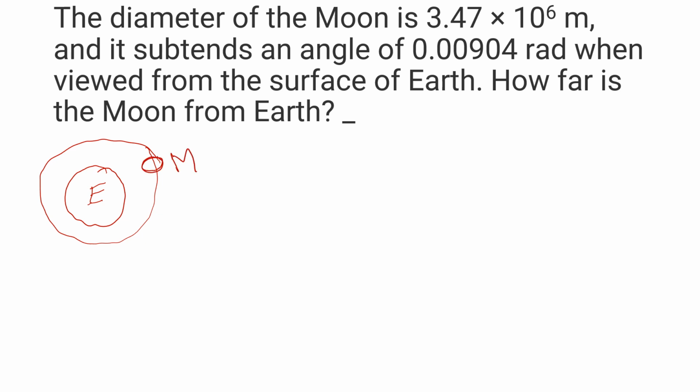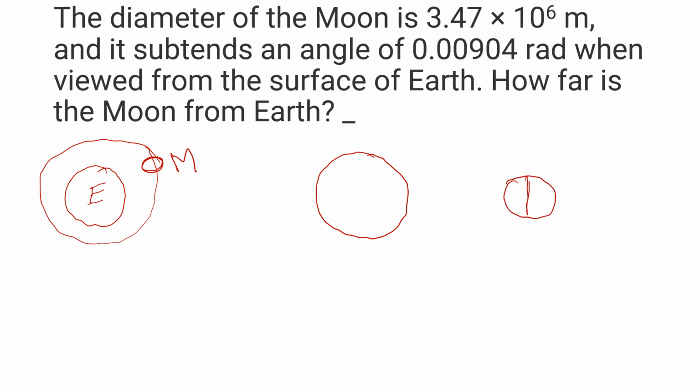All right. So we need to understand how far the moon is from the Earth if the rest of the items are given to you. So you have been given the diameter of the moon. Let's draw it a little more in detail. So we have the Earth here and we have the moon here.